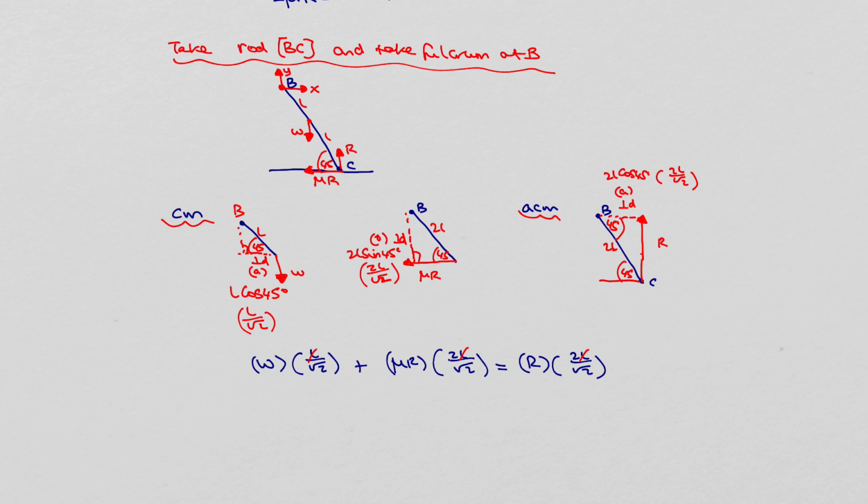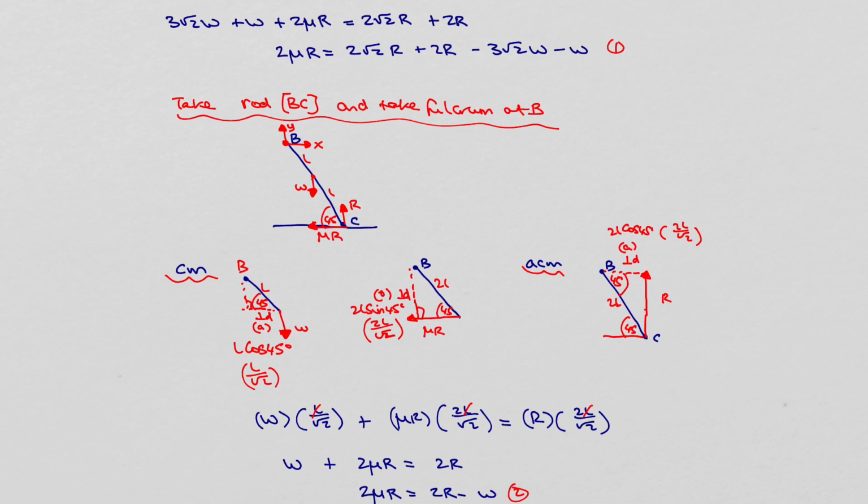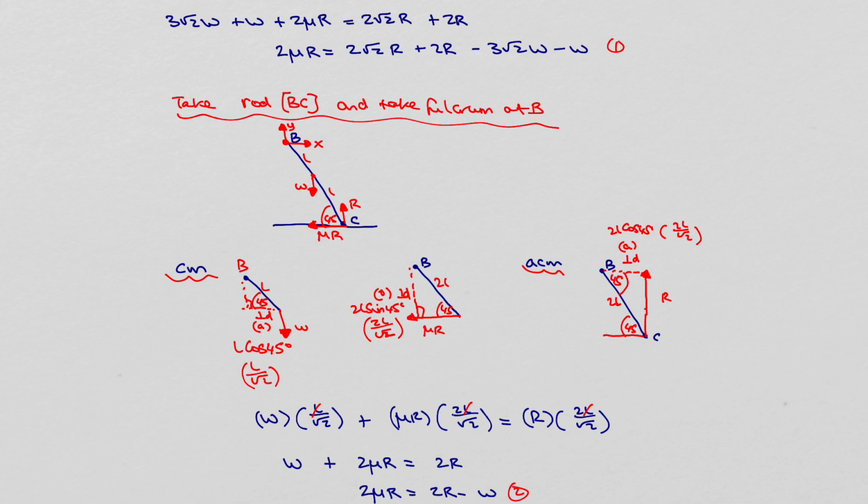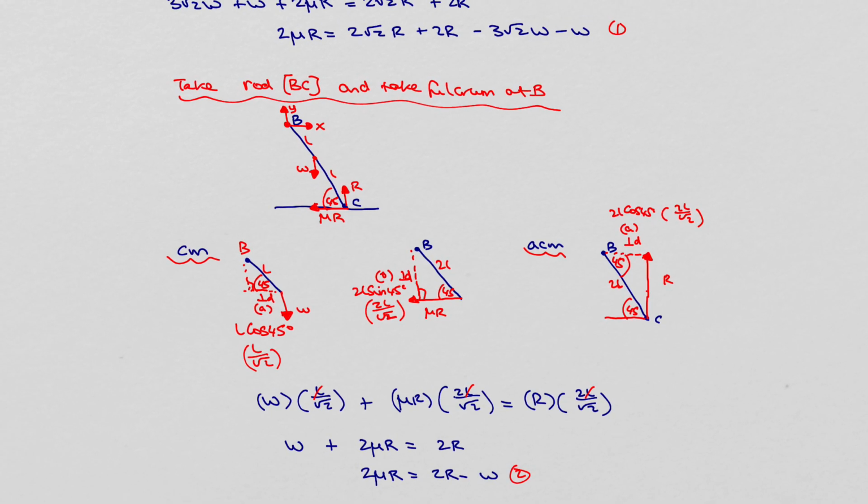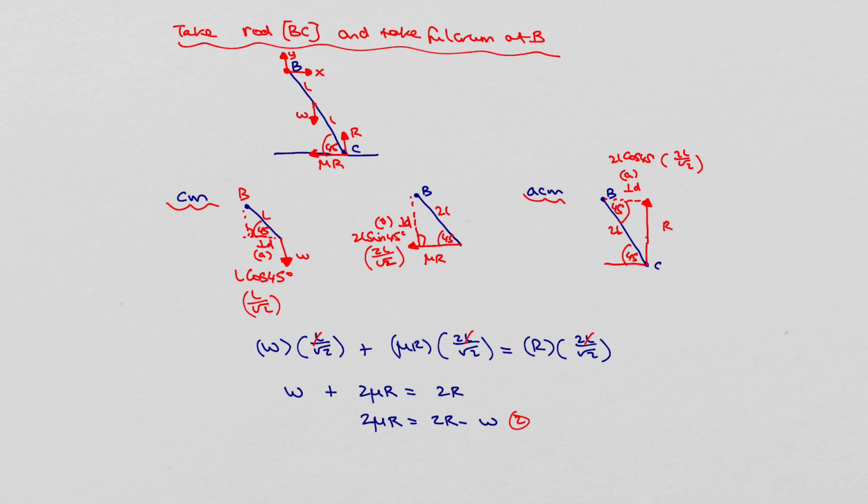That gives me W plus 2 mu R is equal to 2R. So again, I have 2 mu R is equal to 2R minus W. Now if we look at the first equation, I actually happen to simplify it. So I had the mu on the left, and it's actually 2 mu R. So equation 1 is 2 mu R, equation 2 is 2 mu R, so I'm going to equate both of those equations.